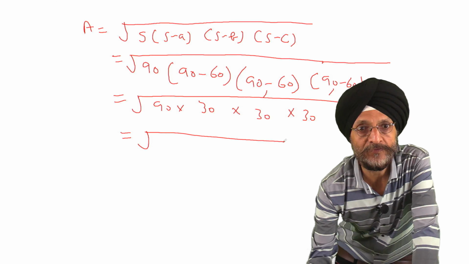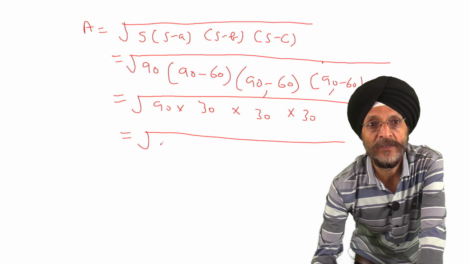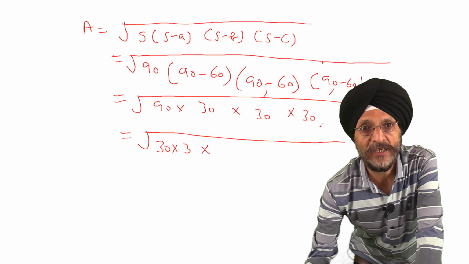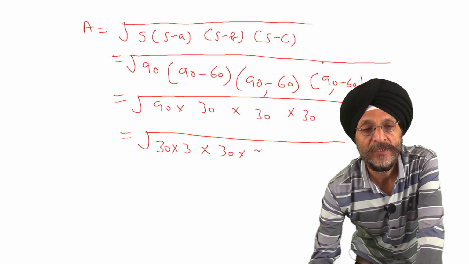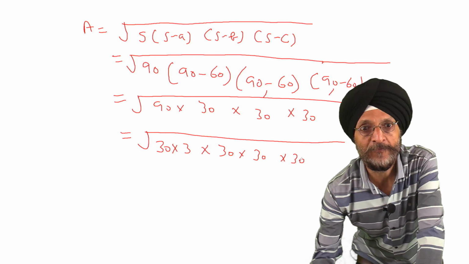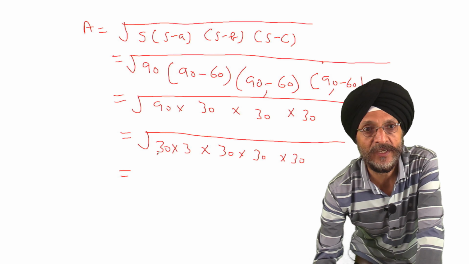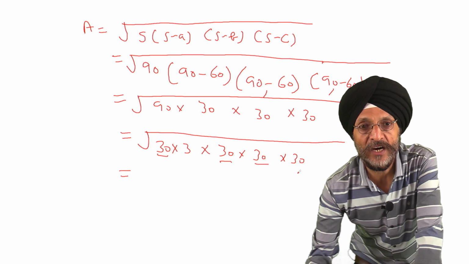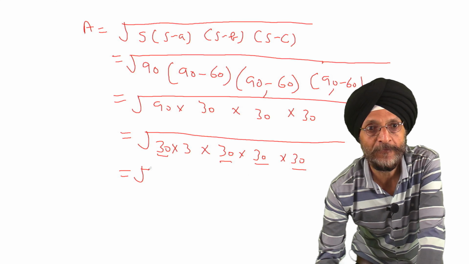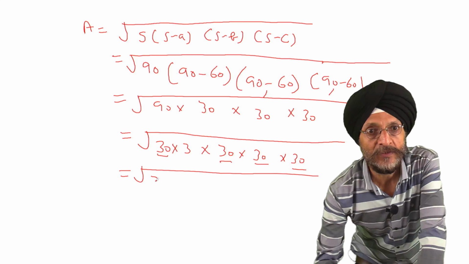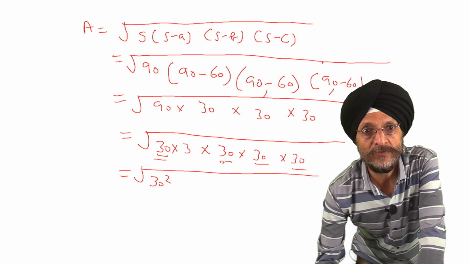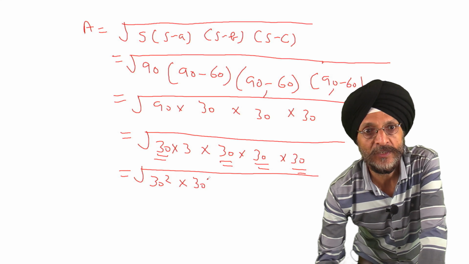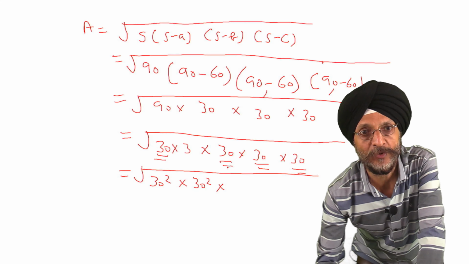Under root we can also write 90 as 30 into 3. Then all these will be written again as 30 into 30 into 30. We find that there are two pairs of 30. We can write it as 30 square, these two 30 square, and what is left behind is 3 only.